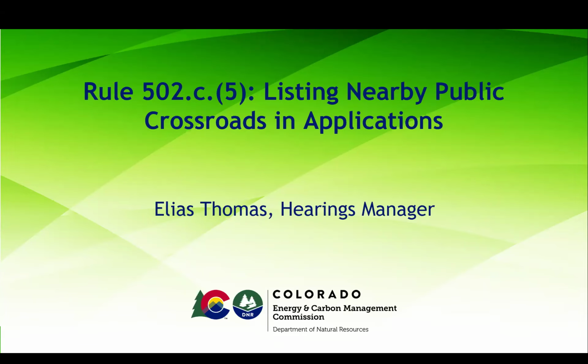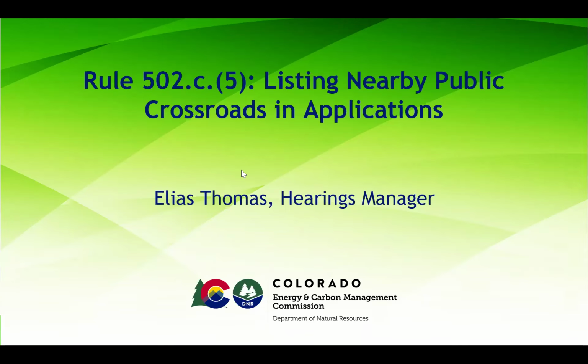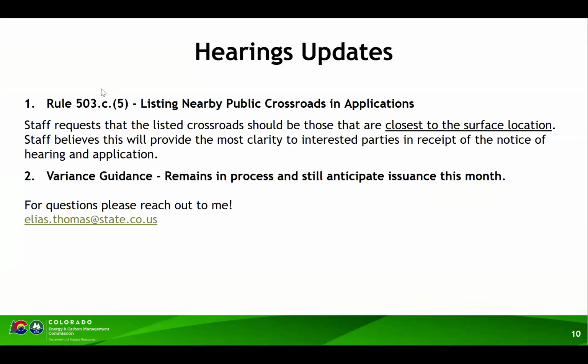All right. So I have a very brief announcement. At the request of planning and permitting staff, I just wanted to go over Rule 503C5, listing nearby public crossroads in applications. There's been some confusion from some applicants as well as from some members of the public receiving this on locating the crossroads or getting a better sense of where the locations are.